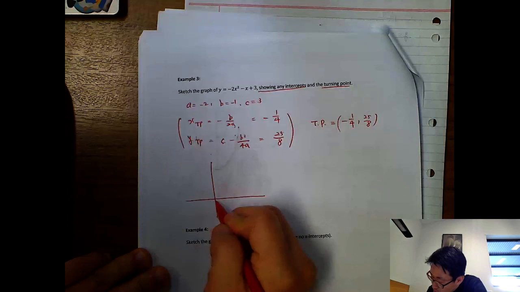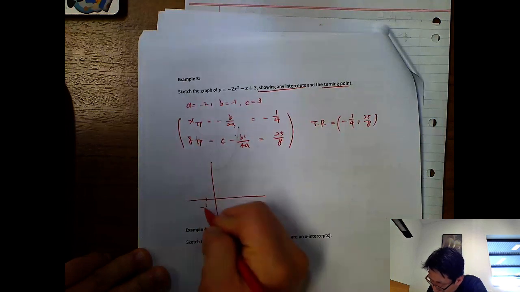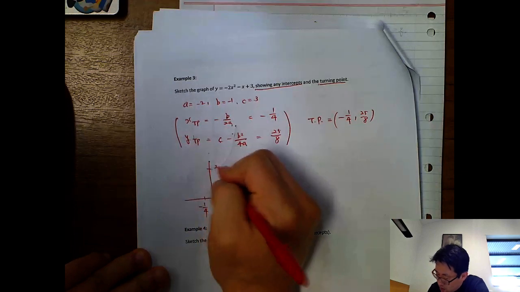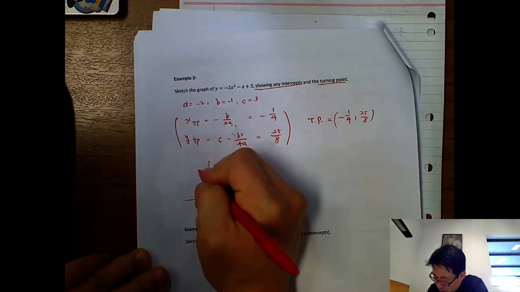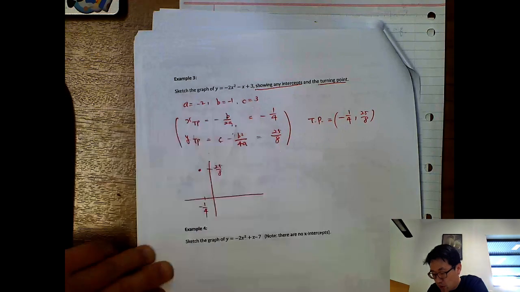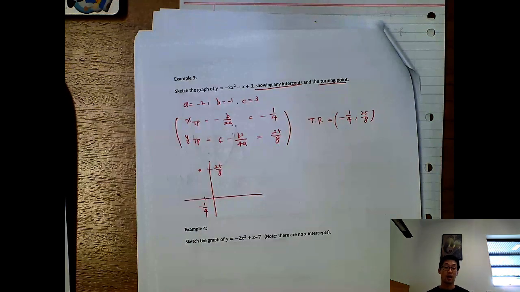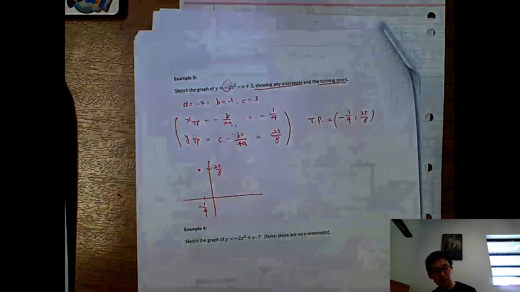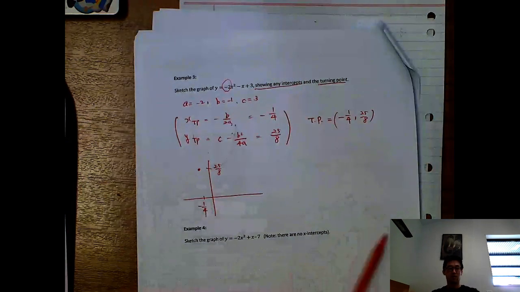So let's go to minus 1/4, 25/8. It's just a rough drawing. That's the turning point. And let's look at the coefficient. Is that positive or negative? It's negative, isn't it?